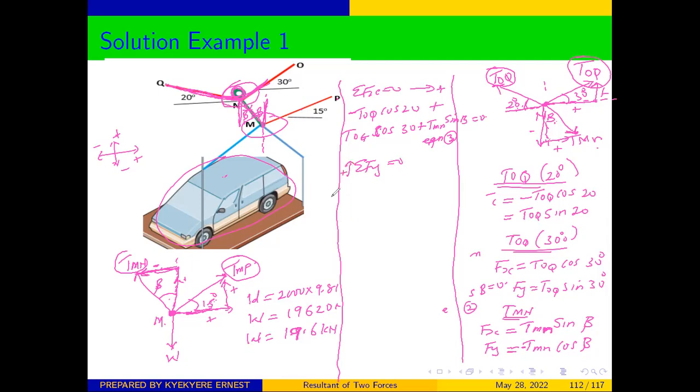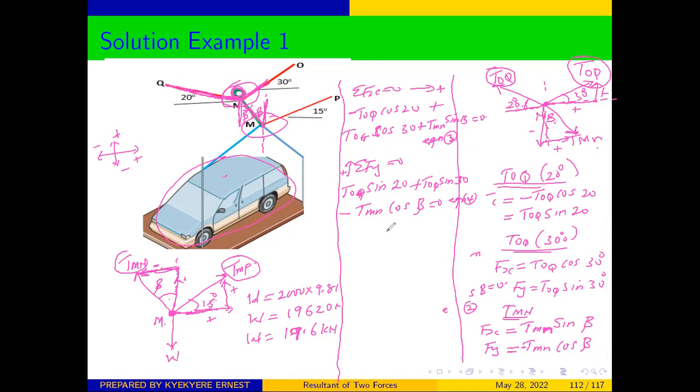And from there, we are going to get TOQ sine 20 plus TOQ sine 30 minus TMN cos beta is equal to 0. And this will be our equation 4. Good.